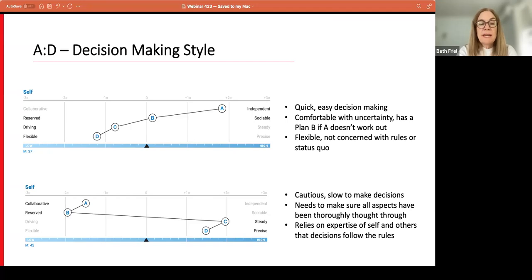When we have D higher than A, I want to be certain I'm not making a mistake before I make a decision. And when the A is low, I want everybody to agree that this is the right way to go before we move forward. They rely on expertise to make those decisions.